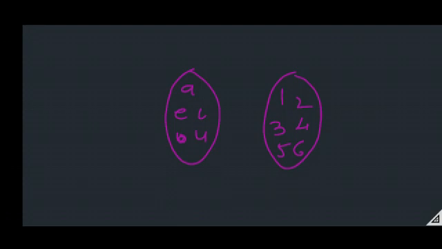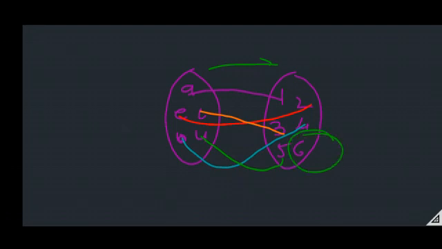Again, if I take an example like A, E, I, O, U, the vowels, and then I took 1, 2, 3, 4, 5, 6. First vowel, second vowel, I is the third vowel, O is fourth, and U is fifth. Now the 5 vowels I have connected, and 6 is left.